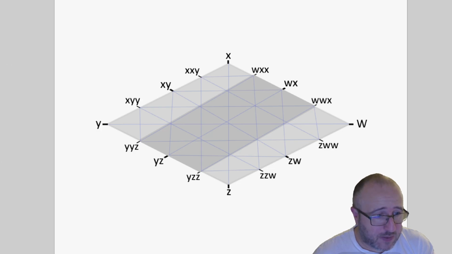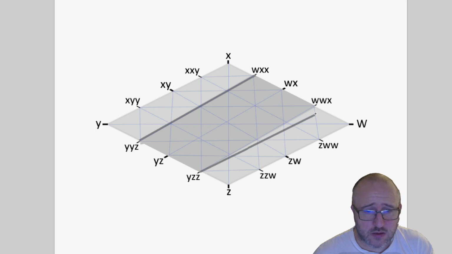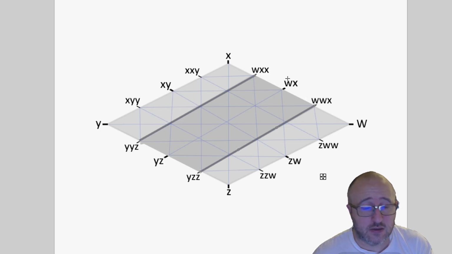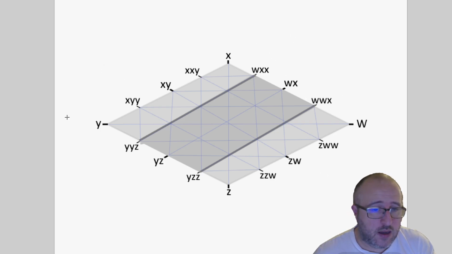I would then pick a darker grey for the curbs. So I drew a line from YYZ to WXX, and then I drew a line from YZZ to WWX, sorry, and then I chose white and did a nice dash line for the middle of the road.